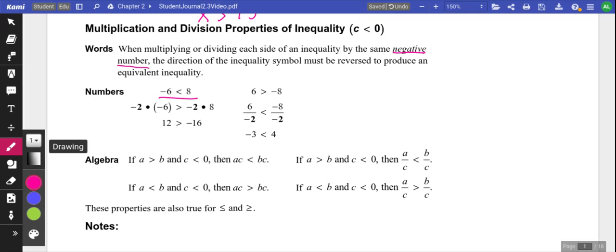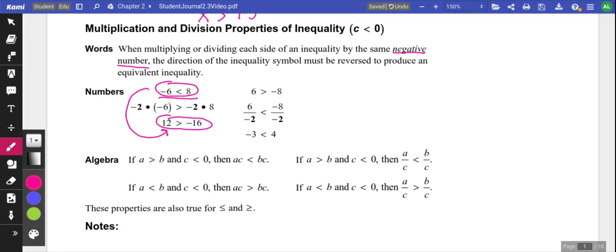That makes sense. So when we multiply this by negative 2, we've changed the signs of these numbers. So now we have positive 12 is greater than negative 16. That's also true. So because our signs get flipped when we multiply or divide by a negative number, we have to also flip the direction of our sign.